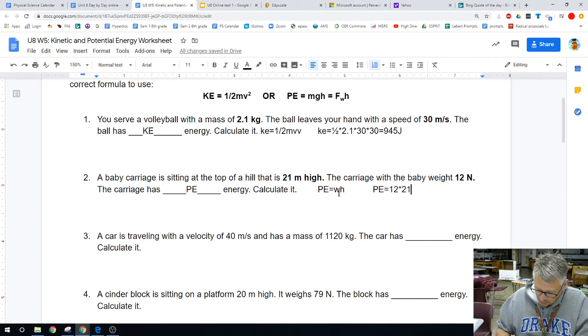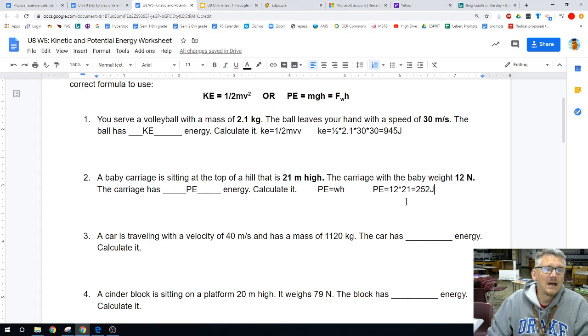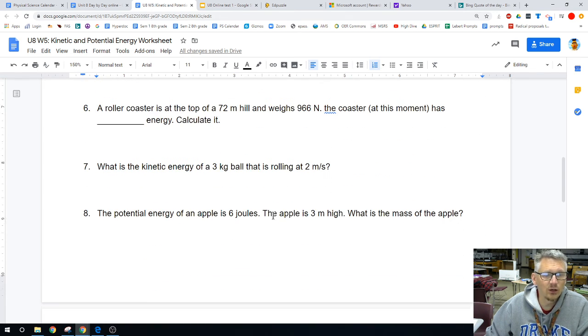And if we take 12 times 21, that is going to give us 252 joules. Okay. I'm not expecting you to type this out. You can use scratch paper. Just make sure that you can do these problems as we go.